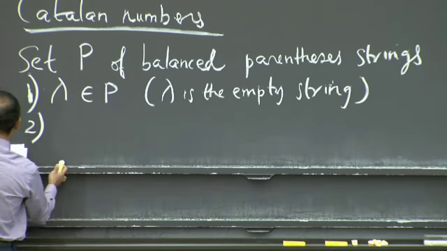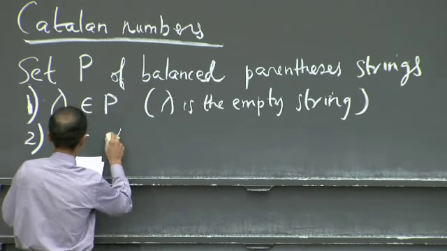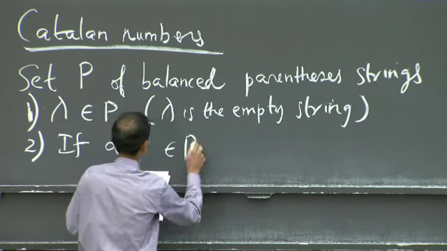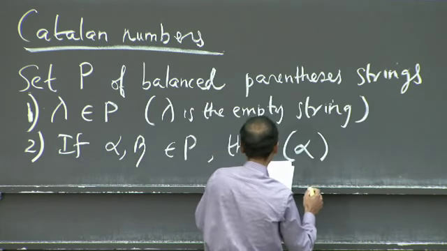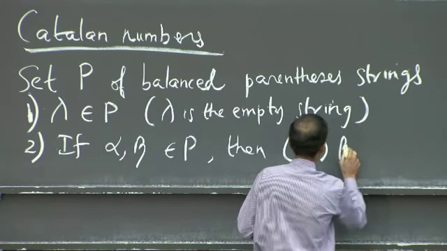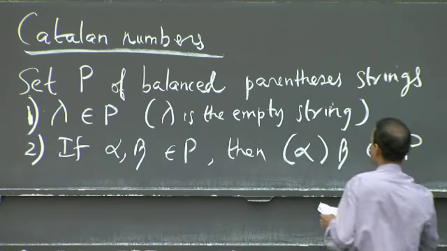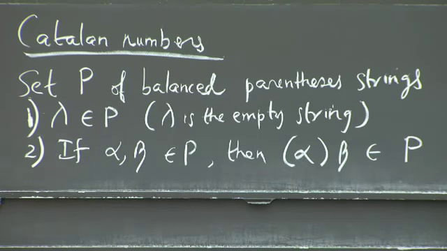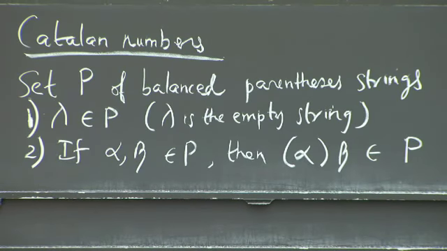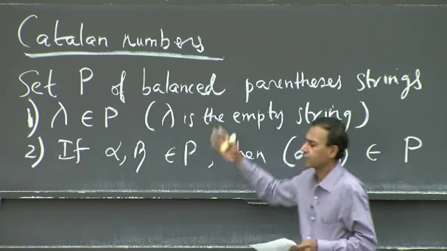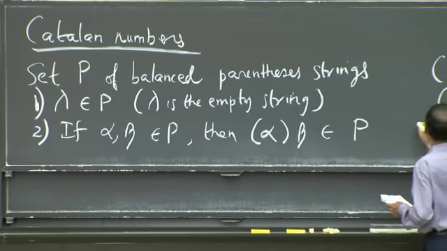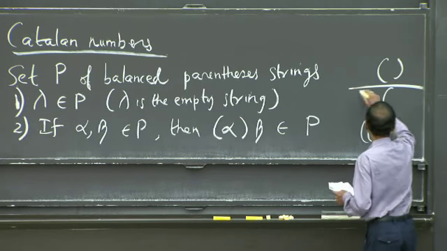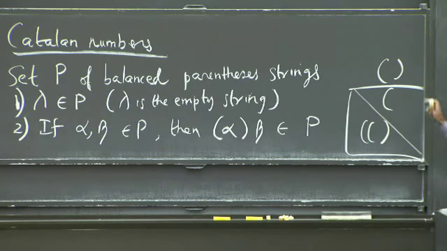Rule 2 is if alpha and beta belong to P, then I'm going to put an open paren on alpha, close paren, and then beta, and that belongs to P. So you iteratively or recursively apply this rule over and over, and you start getting strings that are balanced, right? So this is balanced. Now that's not balanced. This is not balanced.